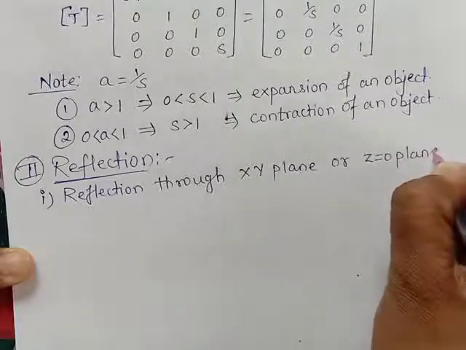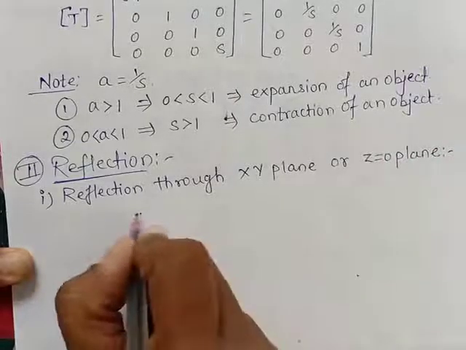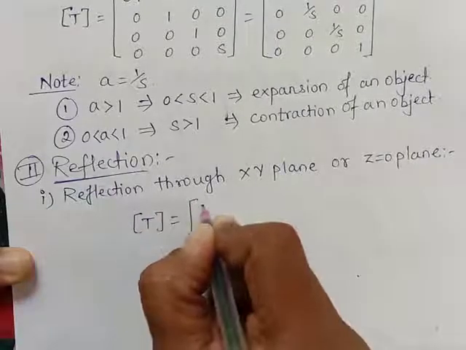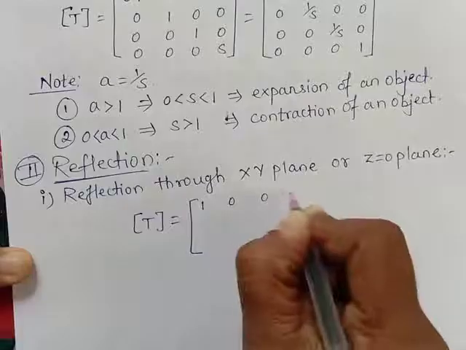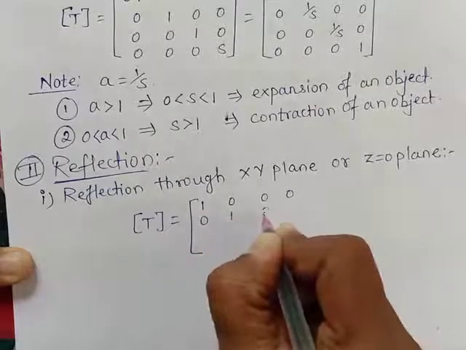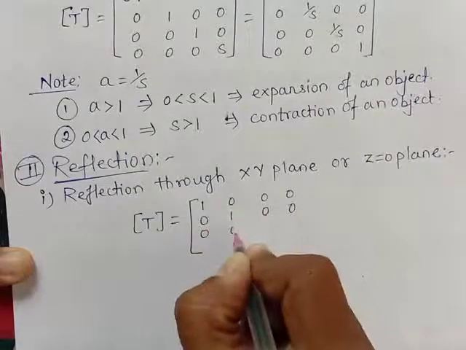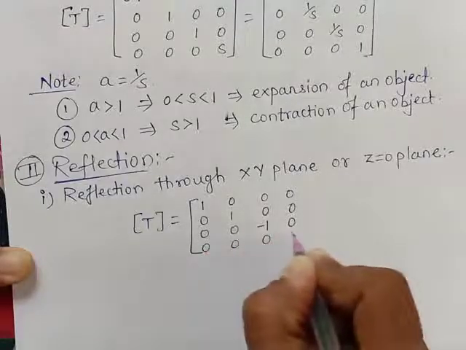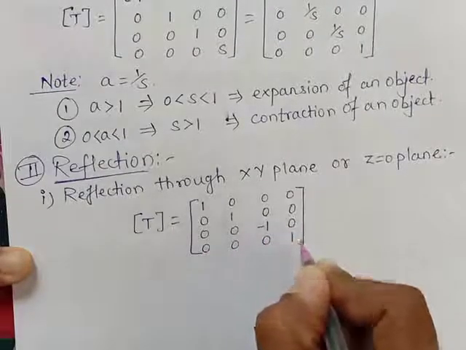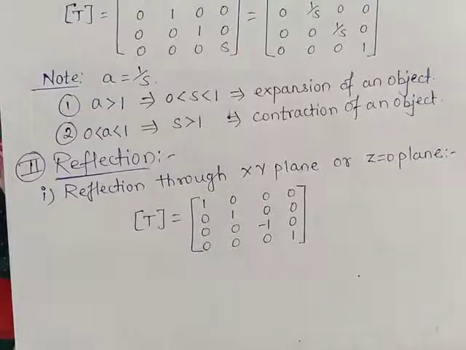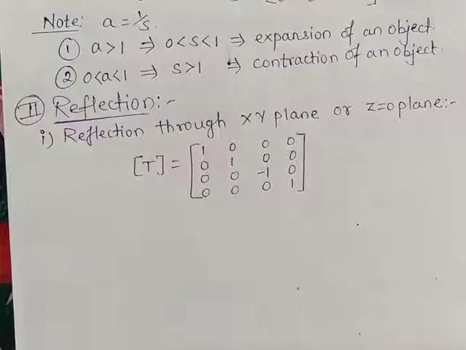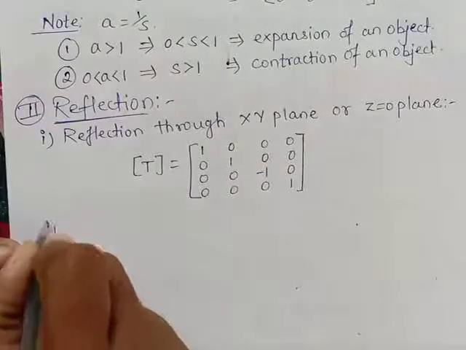What was the matrix in that case? Then the transformation matrix is 1 0 0 0, 0 1 0 0, 0 0 minus 1 0, 0 0 0 1. Only the z coordinate will change in that case. So it is reflection through the z equal to 0 plane.